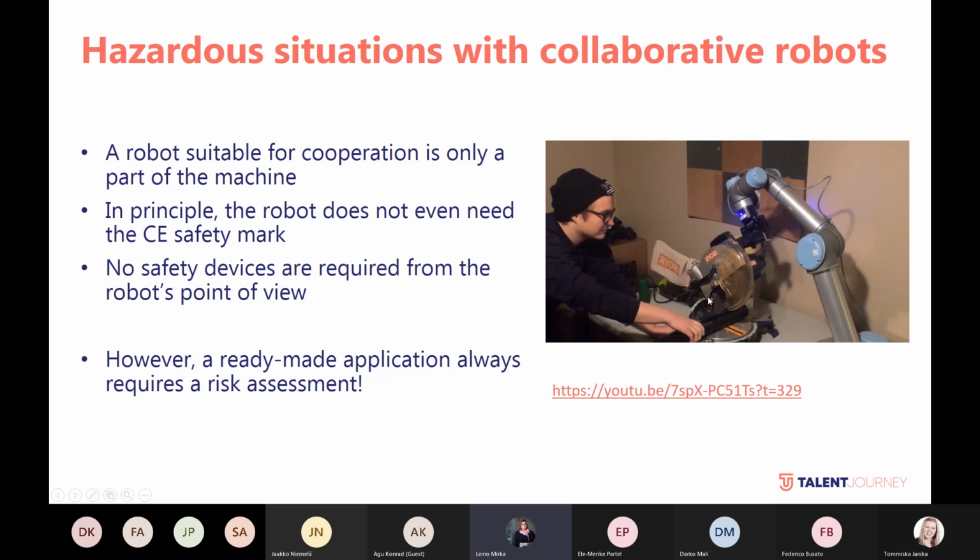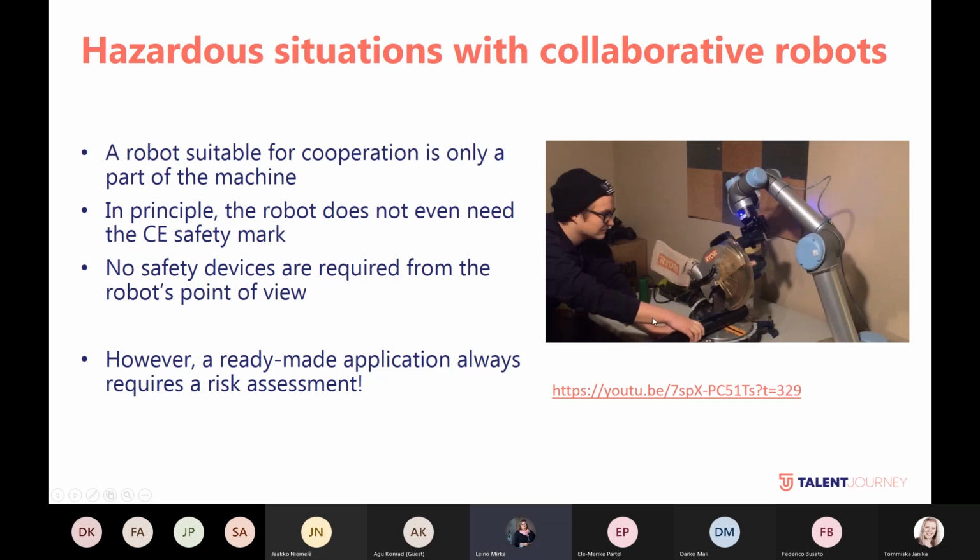After all, the robot as the saw operator removes this protection from the front of the saw blade, and the saw blade can very well cause injuries to people.